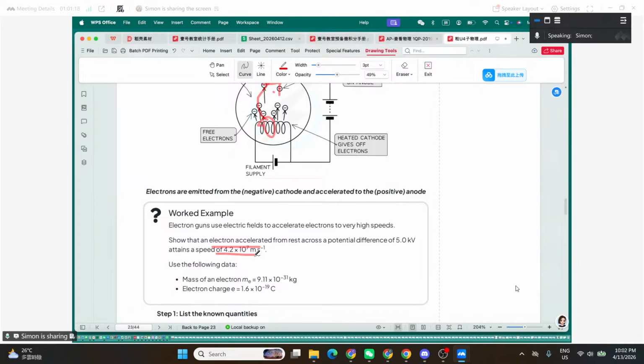After you have calculated the kinetic energy, the final result will be expressed in the speed. The question wants us to show that the final speed of the electron is 4.2 times 10^7.